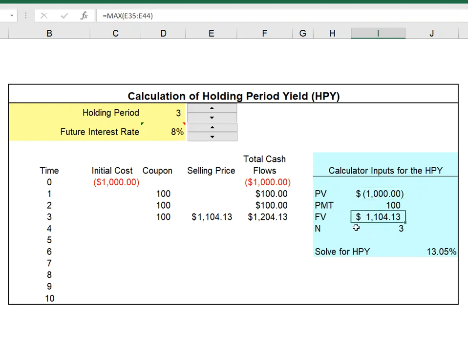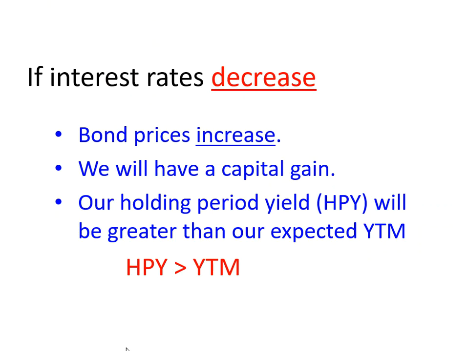We now can sell it, though, for $1,104, much higher than the initial expected selling price. We held the bond for 3 years. We received $100 per year, and we can solve for that holding period yield, which is 13.05%. Our holding period yield was greater than our yield to maturity because the bond increased in price unexpectedly and we had a capital gain.